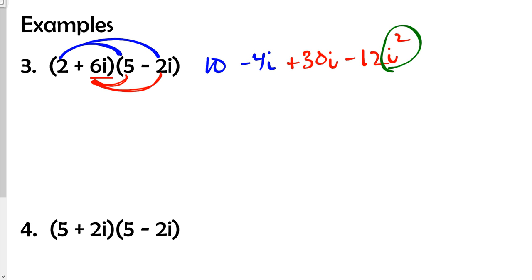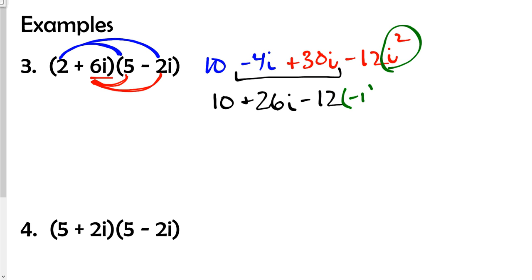So if I start by trying to simplify all this, I can combine my like terms that are sitting here in the middle because those are both pure imaginary numbers. So I have this 10, plus 26i, because that's what negative 4 and 30 is. And then minus 12, but that's not really i squared, that's times negative 1.